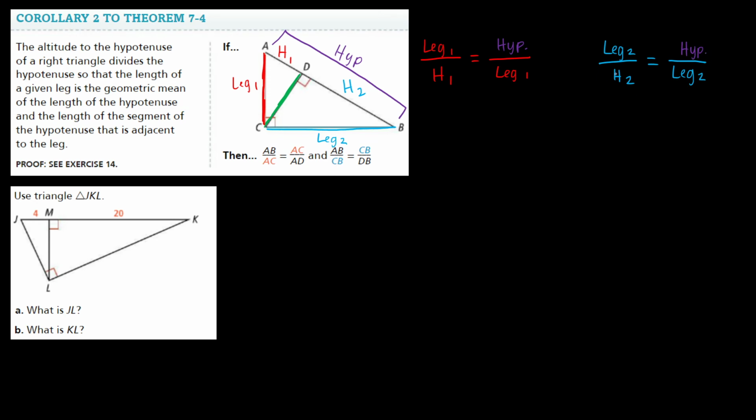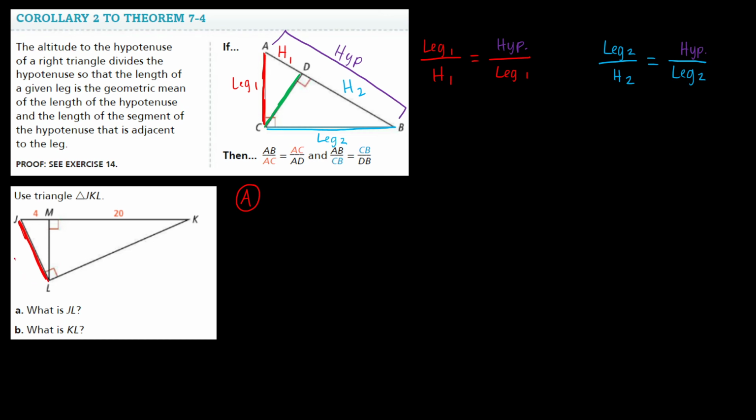You could also examine this by breaking up the triangles into 3 separate triangles and noticing the proportions created by those side lengths. So let's try this out using triangle JKL below here. We are asked what is JL and what is KL. So let's separate this out a little bit. So A, we are trying to find JL. And JL is the short leg in this bigger triangle.